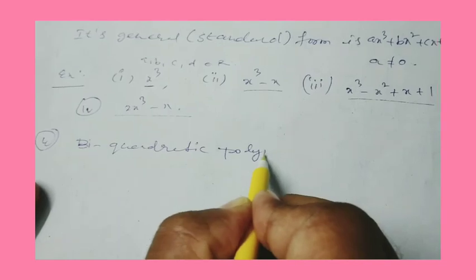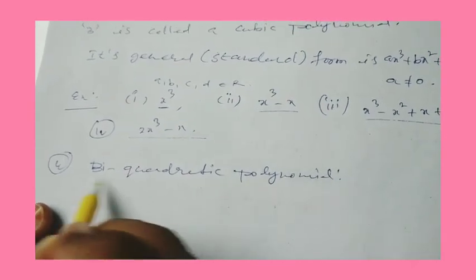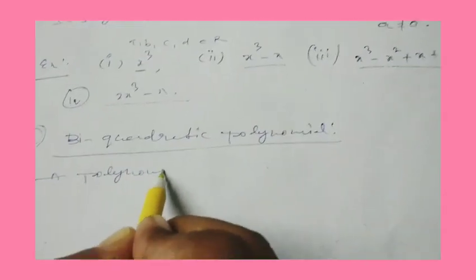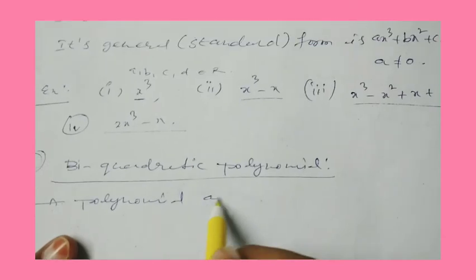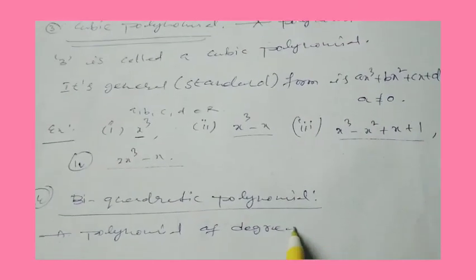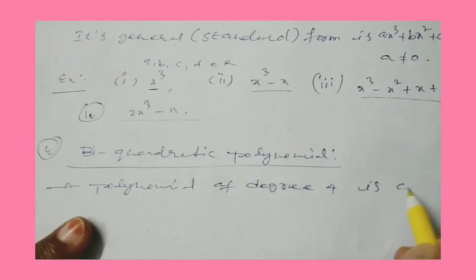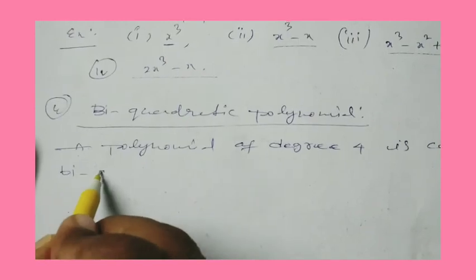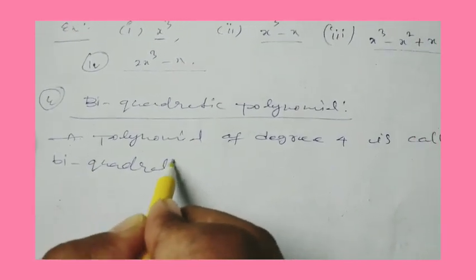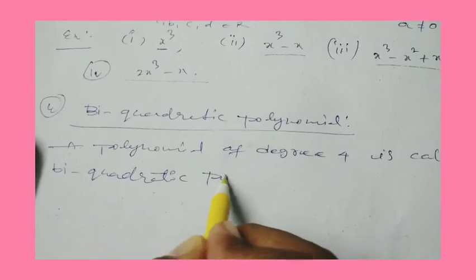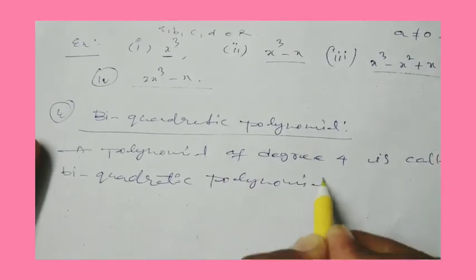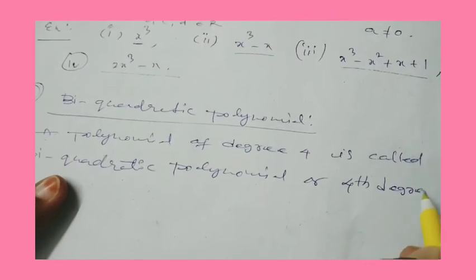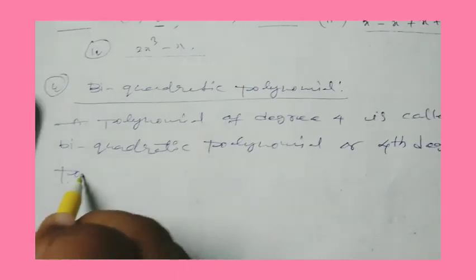A polynomial of degree 4 is called a biquadratic polynomial, or fourth degree polynomial.